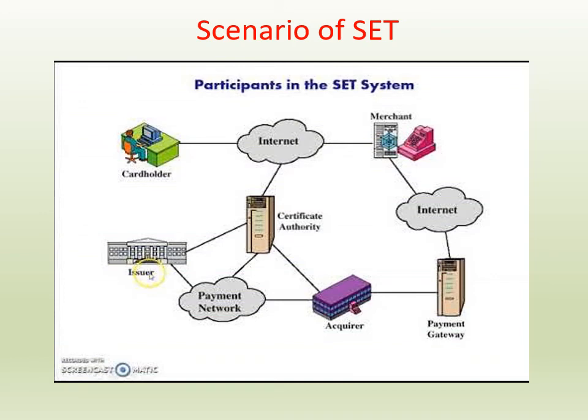Let's see the scenario of a SET transaction. The picture shows participants in the SET system as cardholder, internet, merchant, certificate authority, issuer, acquirer, and payment gateway. Requirements in SET are: it has to provide mutual authentication by confirming whether the customer is the intended user or not.